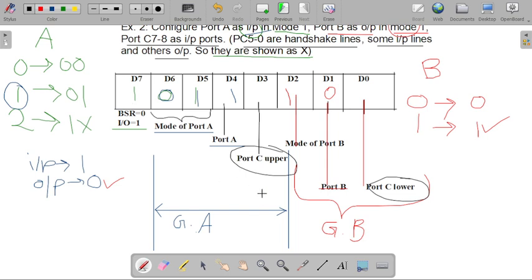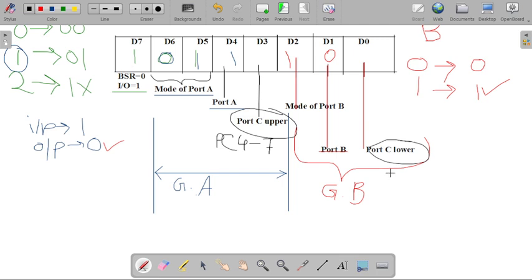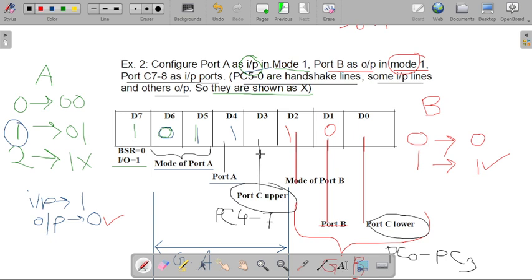Whenever we are considering this port C upper part, the line numbers will be indicated as PC4 to PC7. And whenever you are considering this port C lower part, you are writing here PC0 to PC3. So in this example, what is written? Our port C7 and 8 will be considered as the input port.